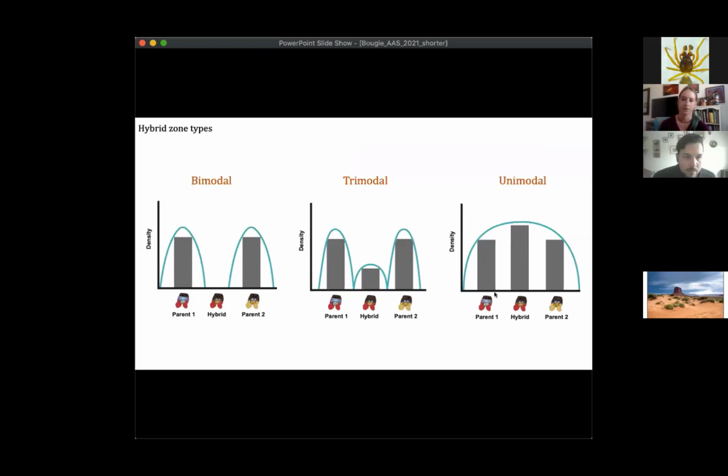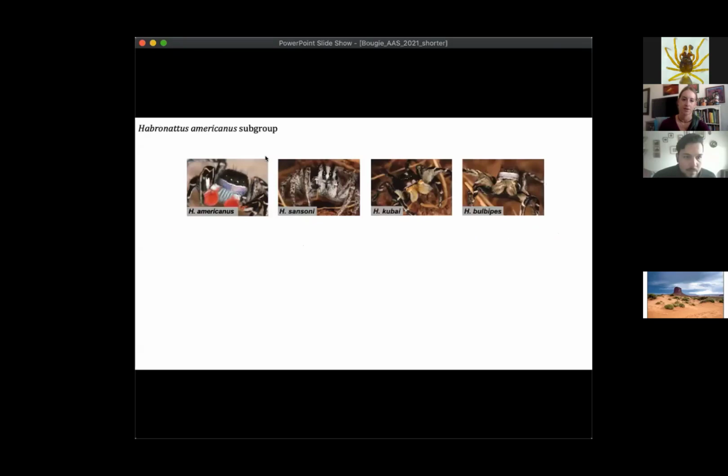All right, so we will talk about the study system. I'm working within the americanus subgroup, which is composed of these four species: americanus, Sansinae, cubae, and bulbopes. There's another one, Habronattus Y, but that's not included here, or in any of my other studies in this subgroup.